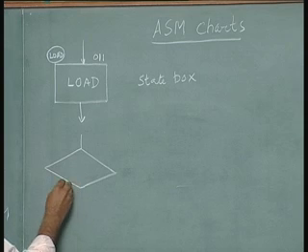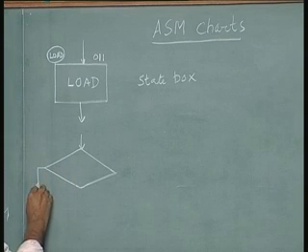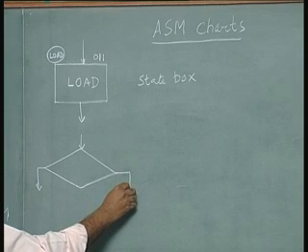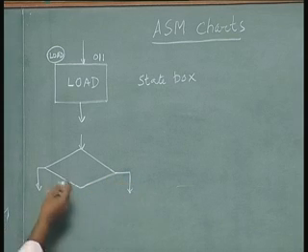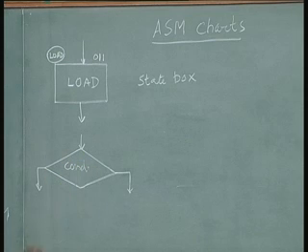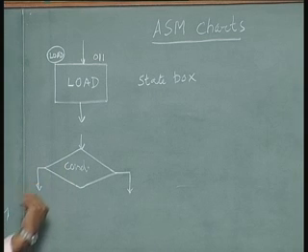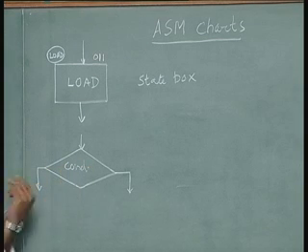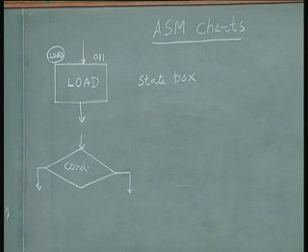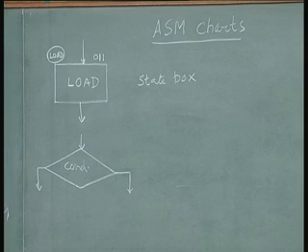It is a diamond with one input arrow and two output arrows. This is where you test a condition. Suppose you want to start: is the start signal available? If it is available, you will want to start and proceed. If it is not available, you will want to wait. So this could be an example of a conditional verification, or it could be a memory read operation with wait state.